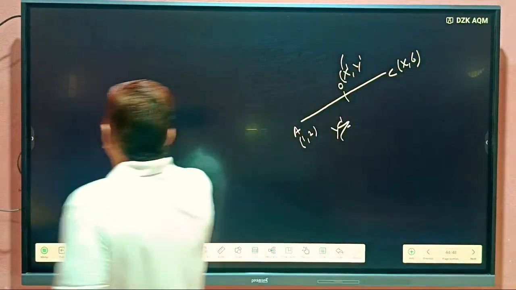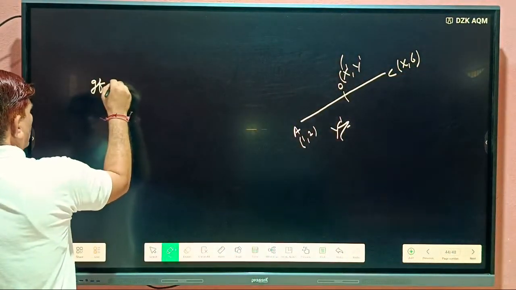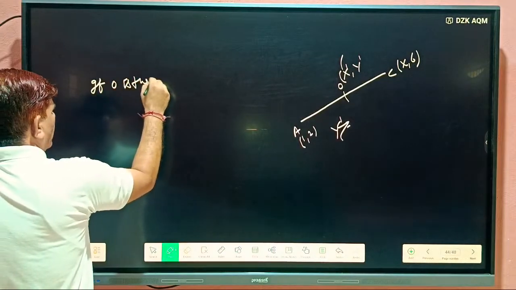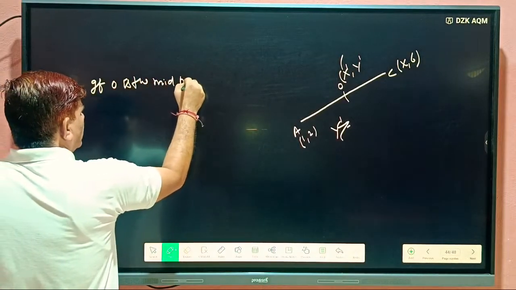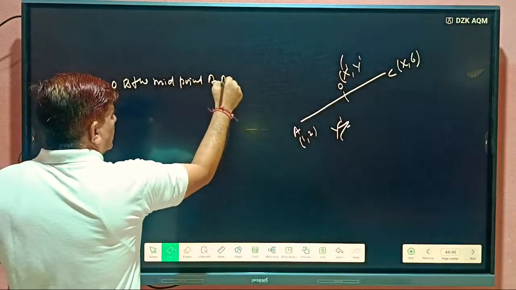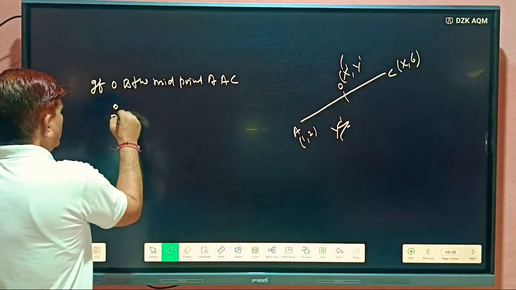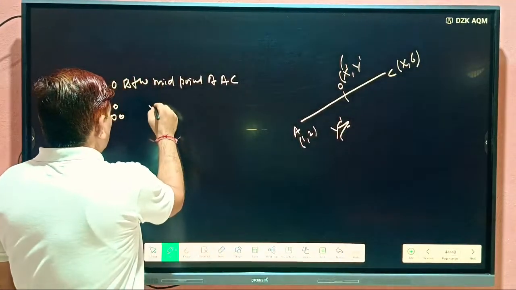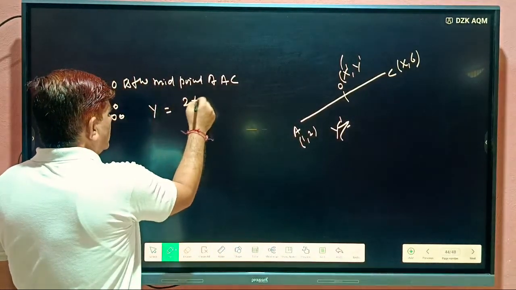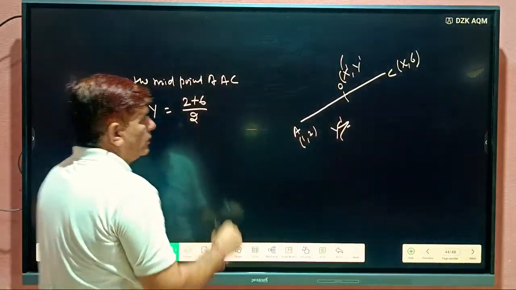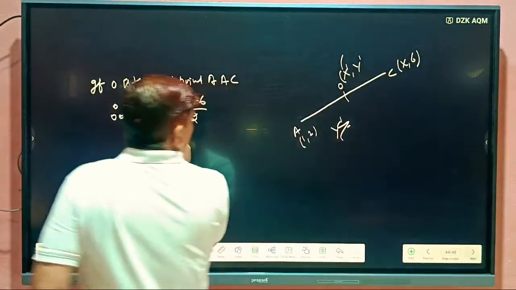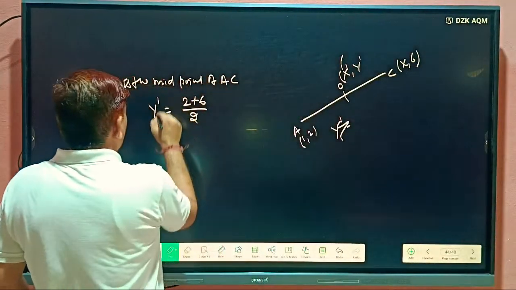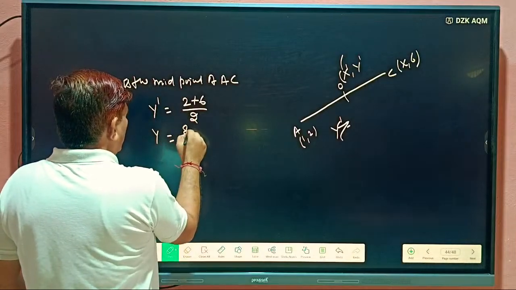Here write: if O is the midpoint of AC, therefore y dash is equal to (2 plus 6) by 2. So y dash equals 8 by 2.